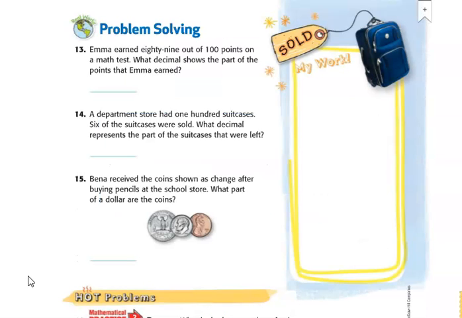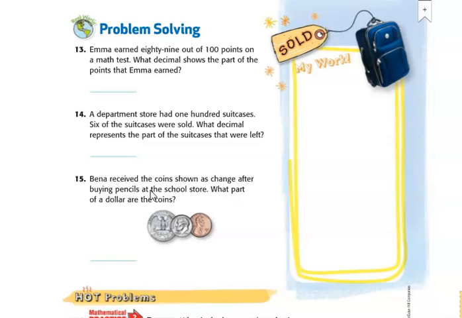Okay, so on the back, the problem solving, try to work on these on your own before you watch and get the answer. Emma earned 89 out of 100 points on the math test. So here is my math test worth 100 points.